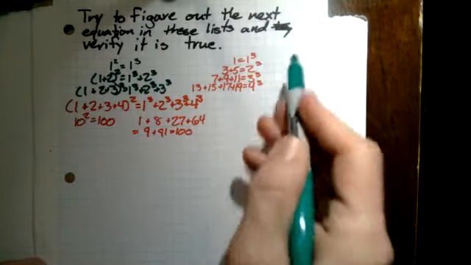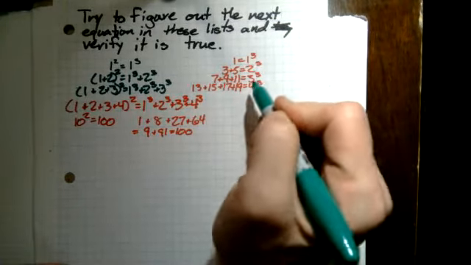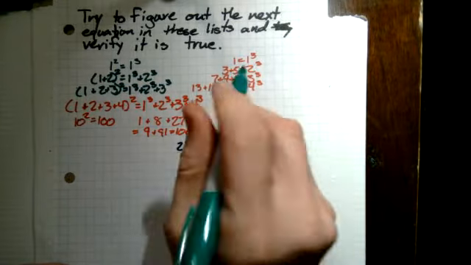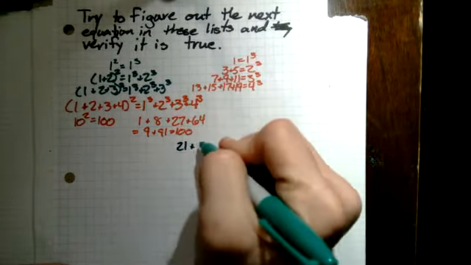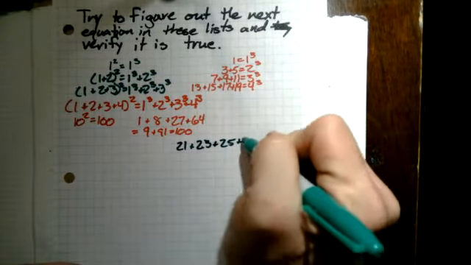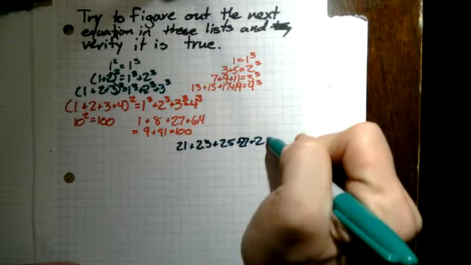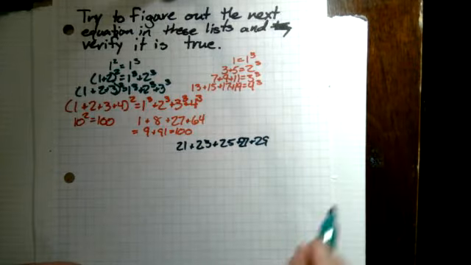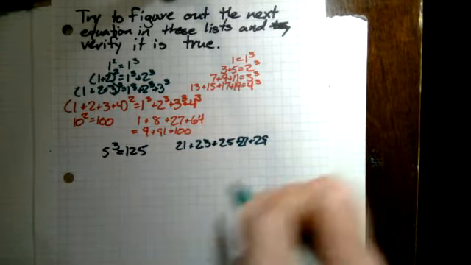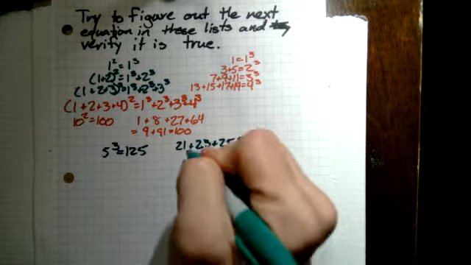So we need to take the next 5 odd numbers. So that would be 21 plus 23 plus 25 plus 27 plus 29, and add those up and see if it's equal to 5 cubed. Well, 5 cubed is 125. So if these 5 numbers add to 125, we're in good shape.